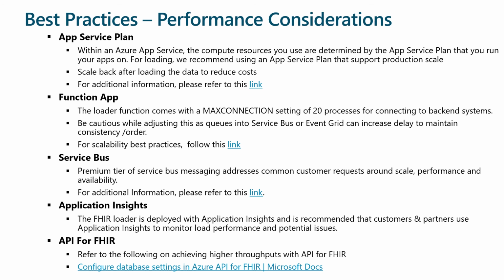You can refer to the link on this app service plan here. In terms of the function app, the loader function comes with a max connection setting of 20 processes for connecting to the backend system. Be cautious while adjusting this, as queues into service bus or event grid can increase delay to maintain consistency and order. Again, you can follow the scalability best practices available through our docs link, and the link is also shared here.